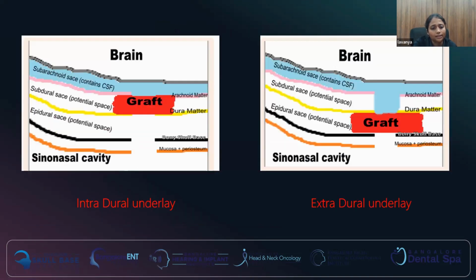If you look at the underlay technique, there are two places to put it. One is intradural, where the graft is placed in the subdural space, okay. If you look at the extradural underlay technique, the graft is placed outside of the subdural space, that is the epidural space, okay. So in intradural, the graft is placed in the subdural space, and in extradural, the graft is placed outside of the subdural space, that is the epidural space.